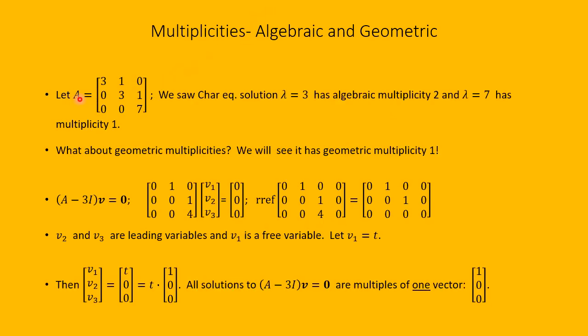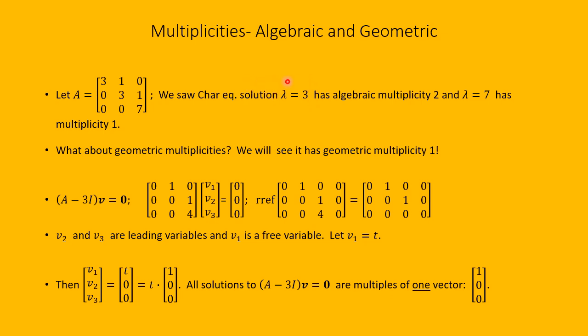For the matrix A equals this stuff, we saw that the characteristic equation had solutions lambda equals 3 with multiplicity 2 and lambda equals 7 with multiplicity 1. These are the algebraic multiplicities of those eigenvalues.